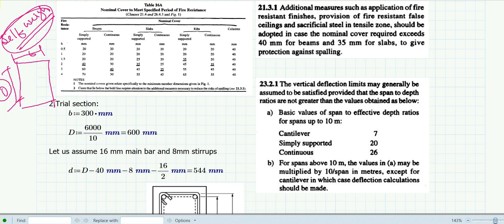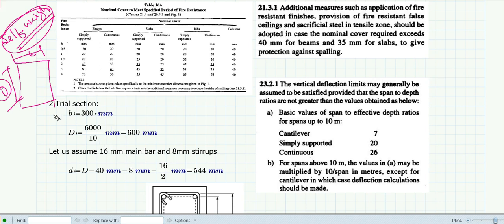So you have to first assume the dimensions, then you have to check whether those dimensions are adequate for those conditions, or whether that particular dimension can take the load that is coming to the structure. So the first thing you need to do is assume the dimension, then we calculate the load. It's like going in reverse.